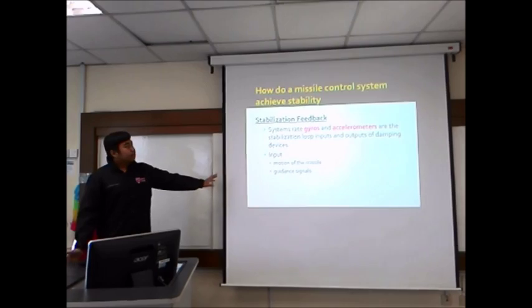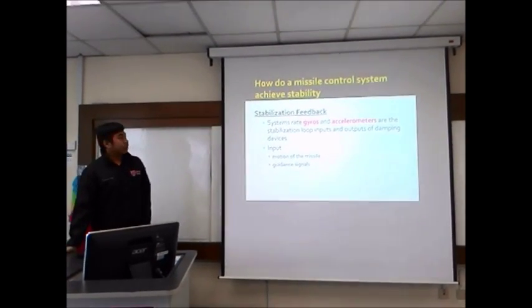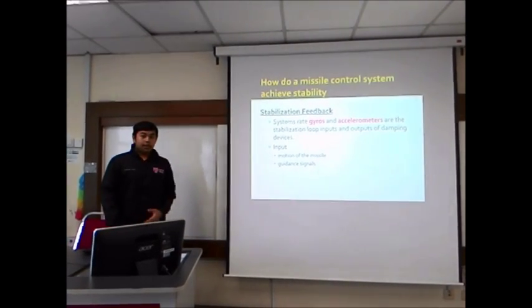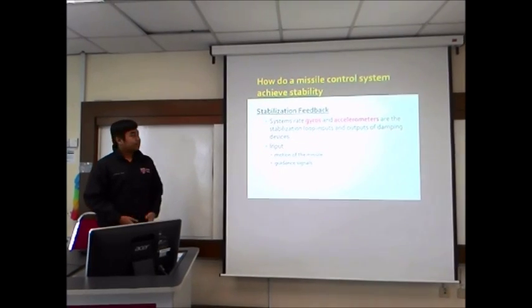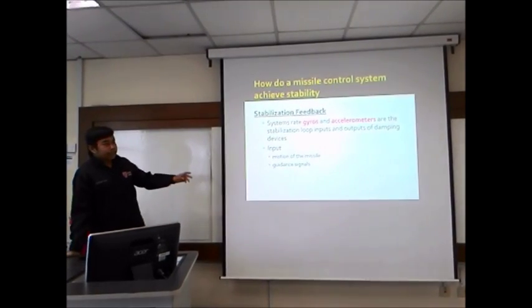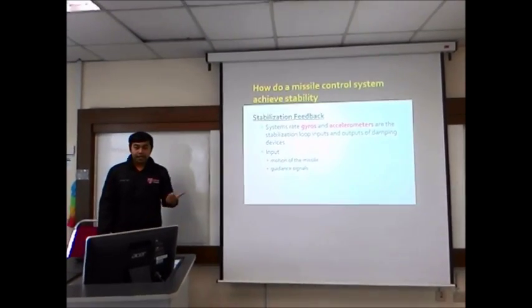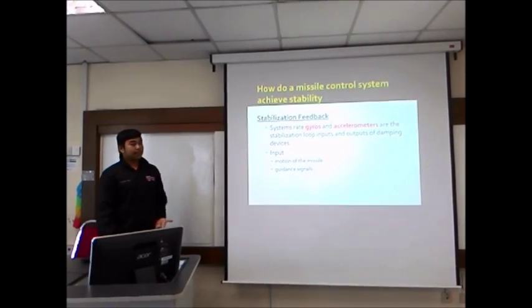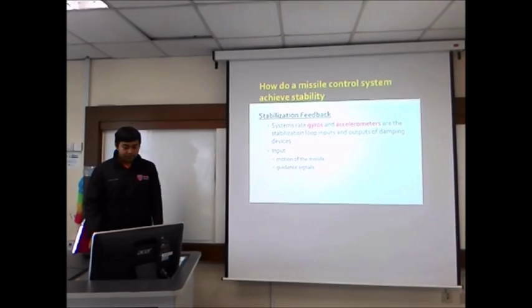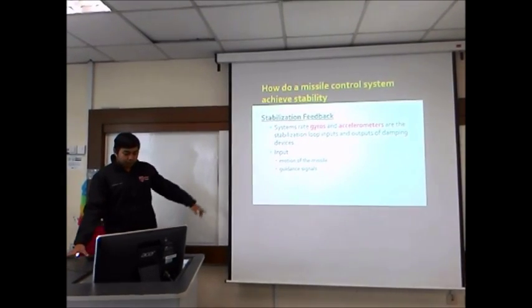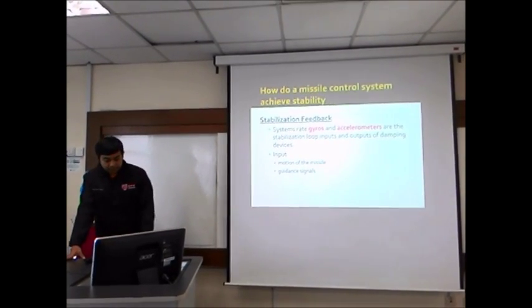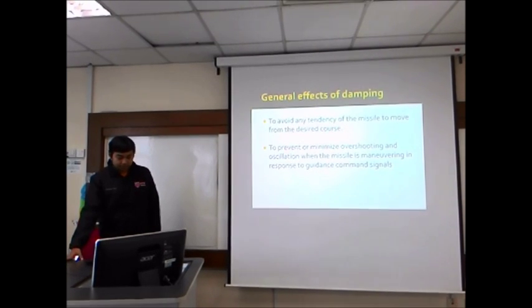How does a missile control system achieve stability? Of course we need stabilization, and it is feedback, it is closed loop. System rate gyros and accelerometers are the sensors that we use in a missile. The inputs are the motion of the missile and guidance signals.